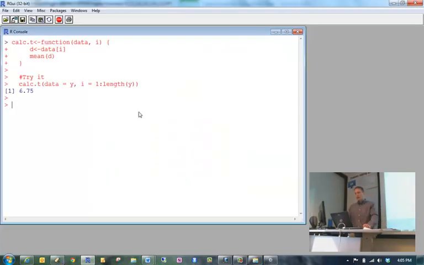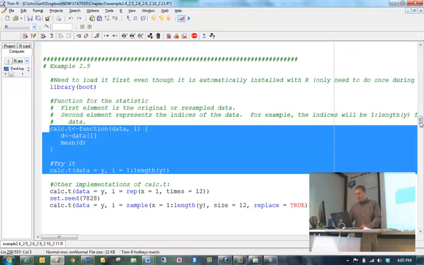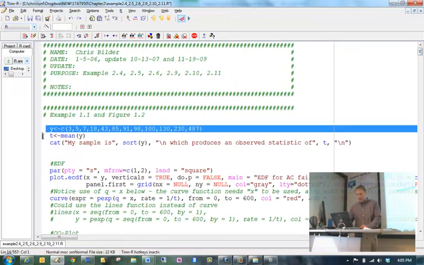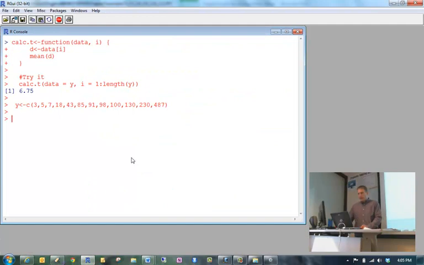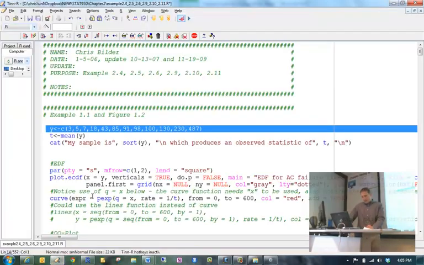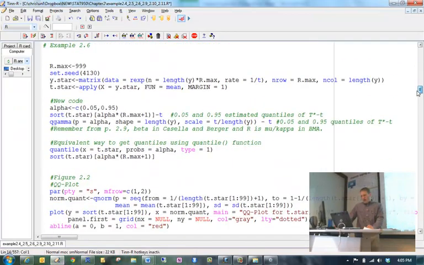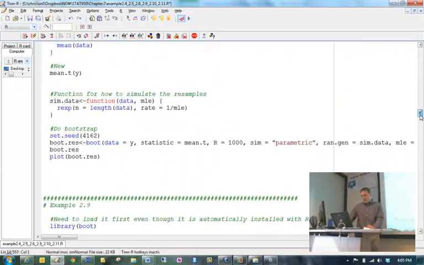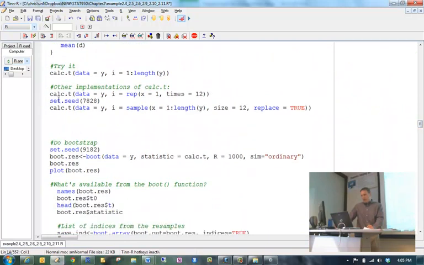And as you would expect, oops, sorry, let me get y back again. I was doing some other stuff earlier today that had something else for y. And there's my sample mean, 108, which we had calculated before. So the function seems to work. But again, to emphasize how this function is going to be used, what we could do, for example, is use calc.t with the original data, and then repeat index 1 twelve times.